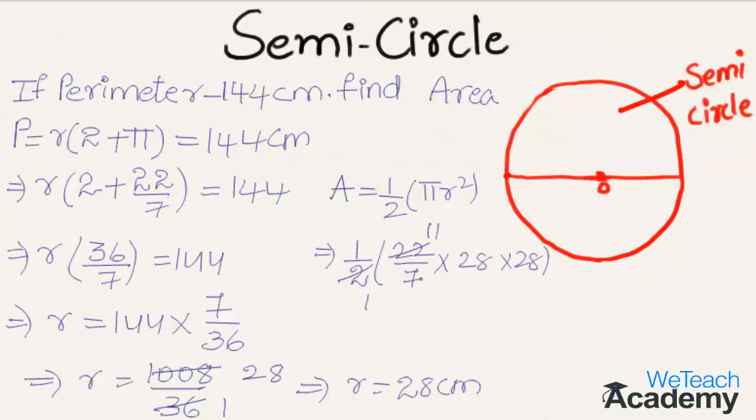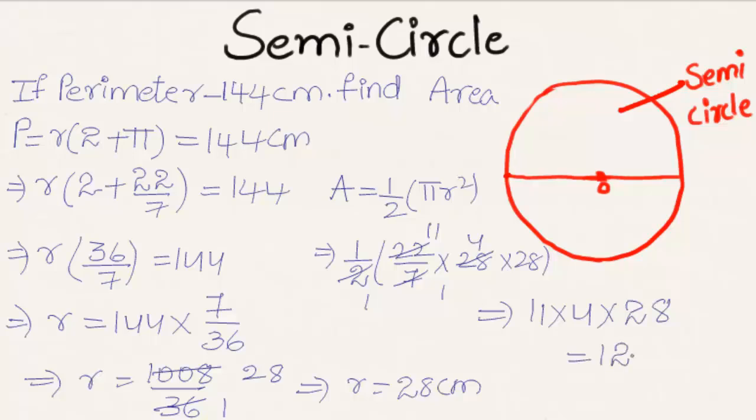Then 7 one time is 7 and 7 4 times is 28. So we get 11 into 4 into 28, and their product is equal to 1232 centimeters square. So the area is equal to 1232 centimeters square.